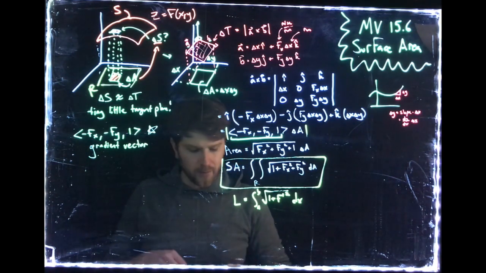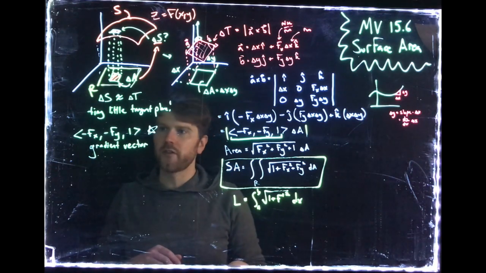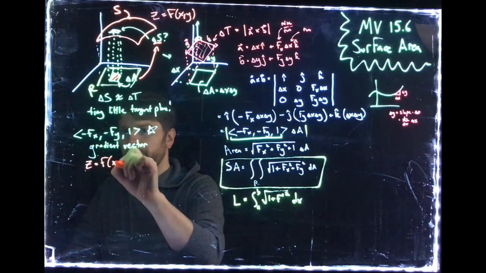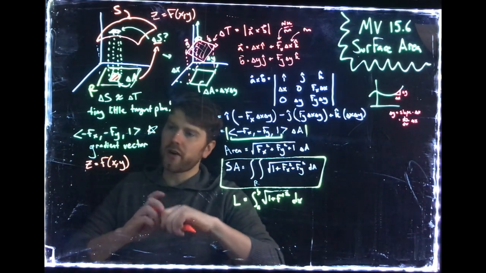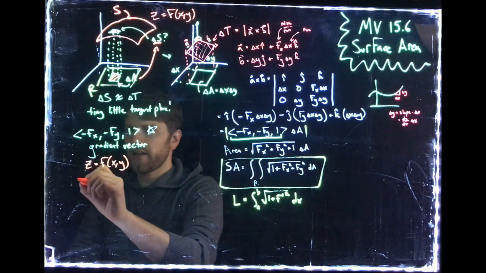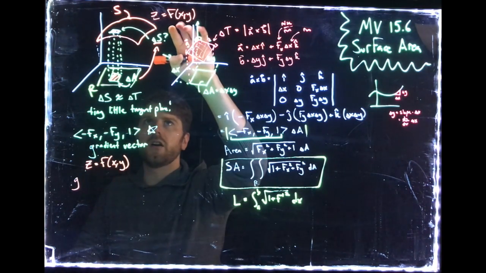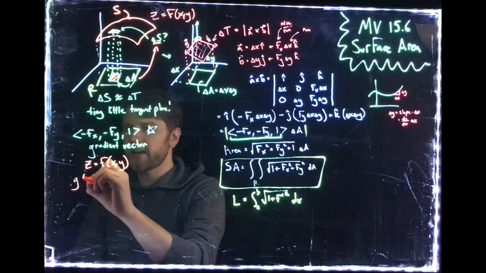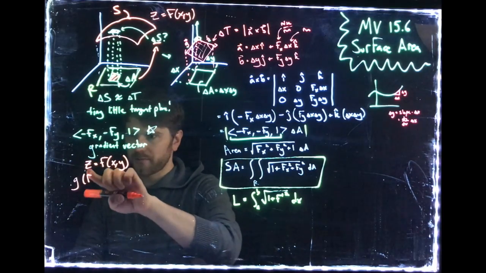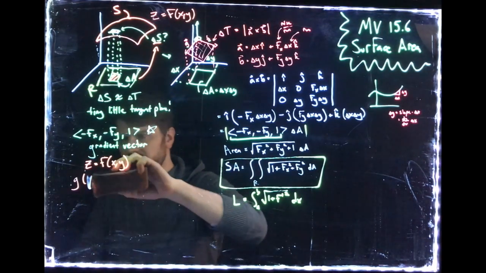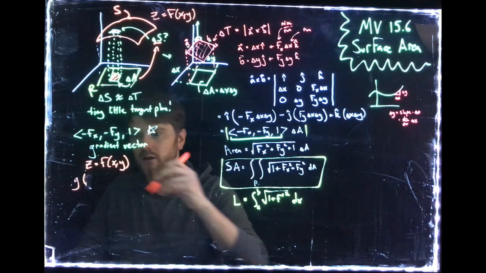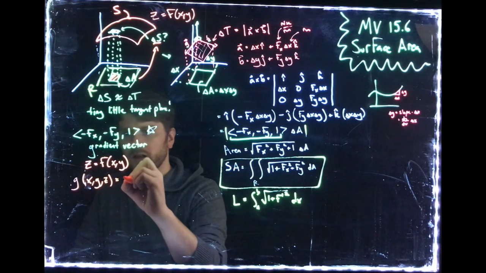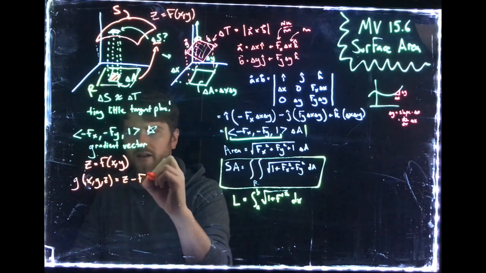Well, remember that we're considering here functions of the form z equals f of x, y. But what if I rewrite this a little bit instead and think of it not as z is a function of x and y, but what if I think of this instead as a function of 3 variables, g equals z minus f of x, y.